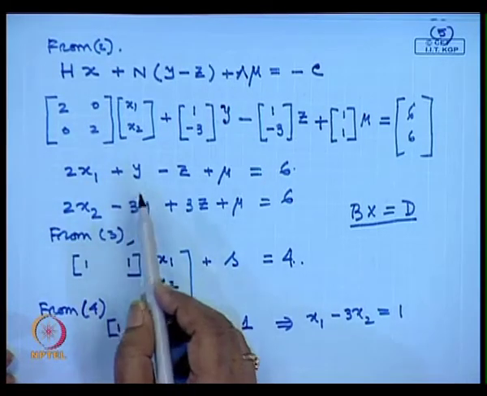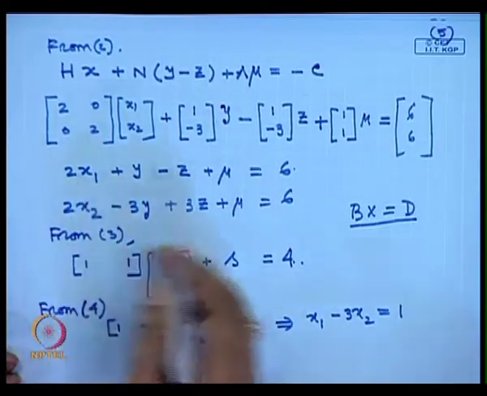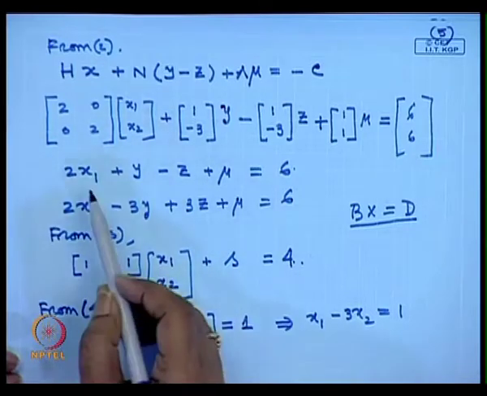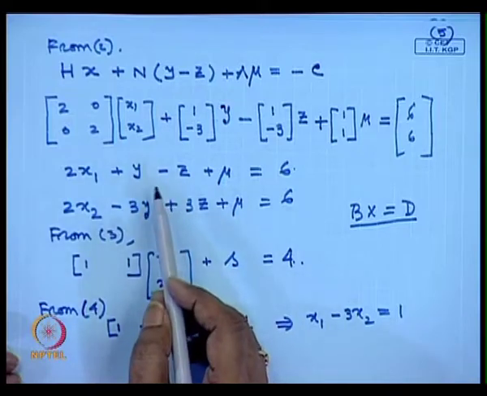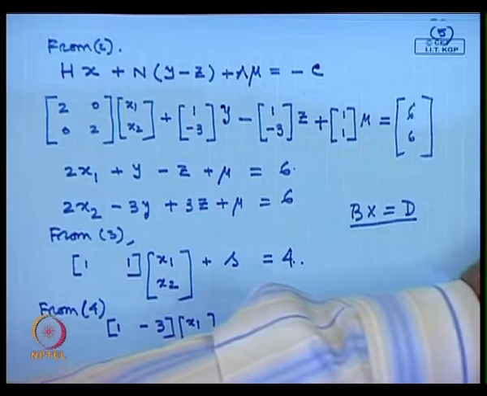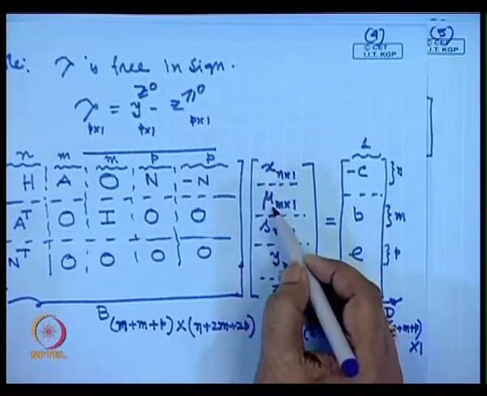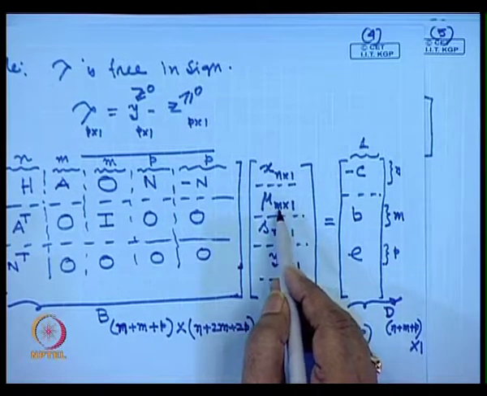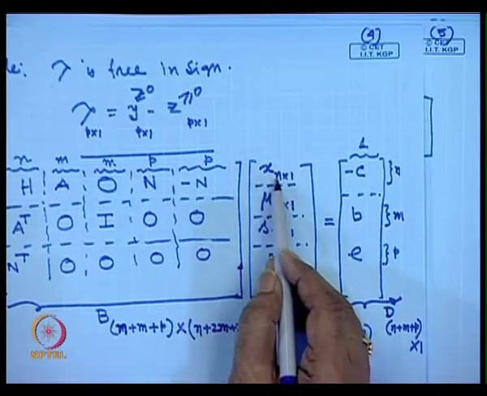Now, instead of using y, z, mu, s, we can just continue the variables in terms of x. We already have x 1, x 2. The next variable will be mu. How many components does mu have? m components. So I will consider up to x 1, x 2, dot dot, x n.